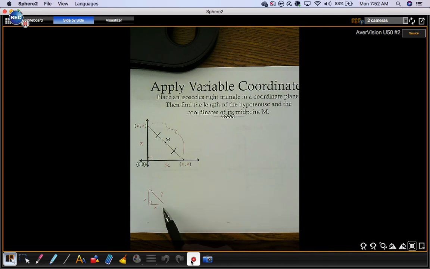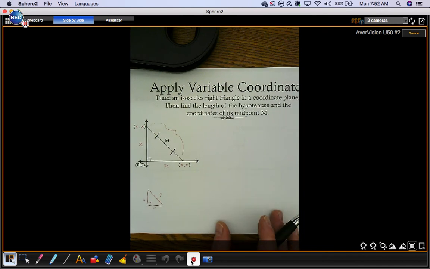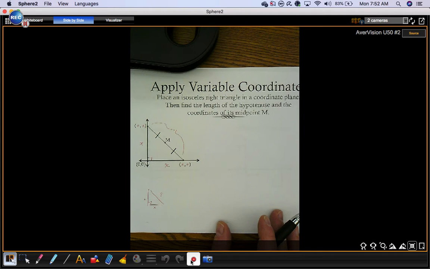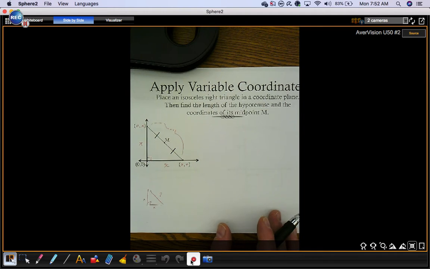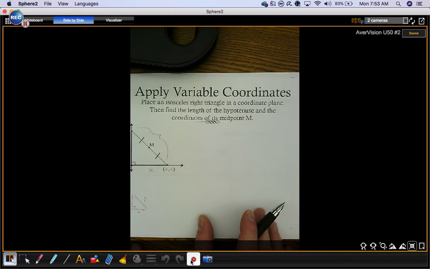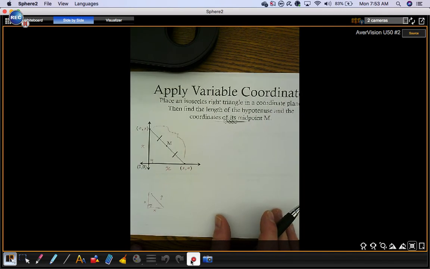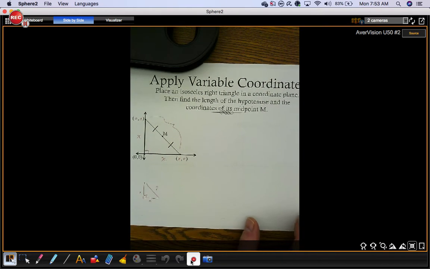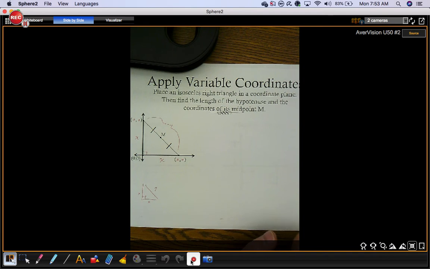Wait, do we know the Pythagorean theorem? Sorry guys, I'm so far ahead in so many different places, I don't know what you've seen and what you haven't. Maybe you don't know the Pythagorean theorem. I think we got to use a distance formula here. Oh my gosh, this is embarrassing. Okay, well I'll do it both ways because I don't remember what you know and what you don't.